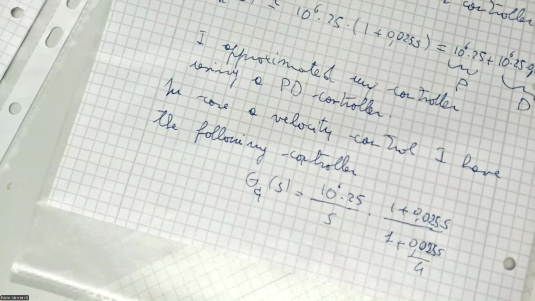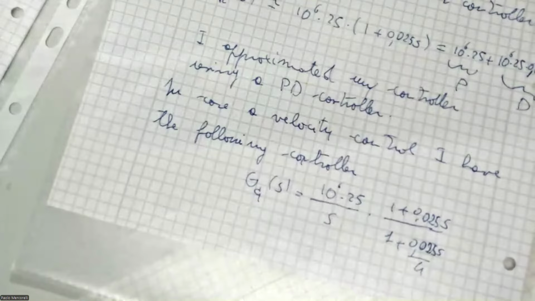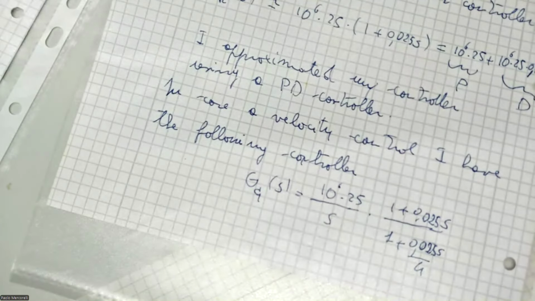Because you're right, you say, if I have a controller which controls the position, let me say, and now I want a controller which controls the velocity independently of the value, and I think that the velocity is the derivative of the position, it seems that I have to take the derivative of the controller.